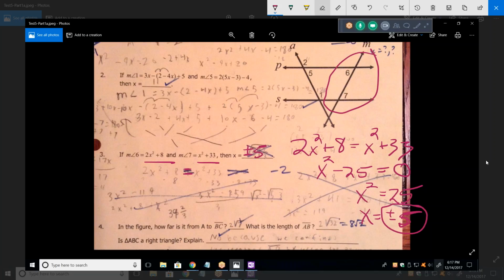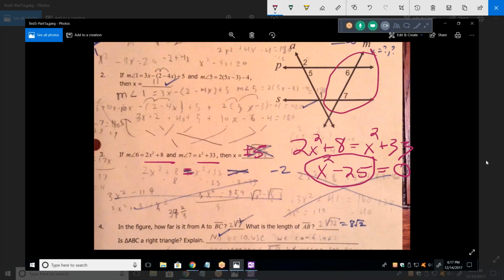Now, let's go back 2 steps and look at a different way to solve this. This is definitely the preferred way, but there's a way that you can never make the mistake of forgetting the plus or minus. What is that called?